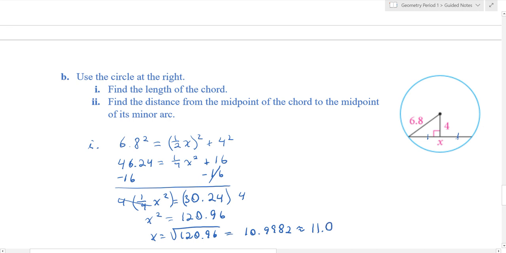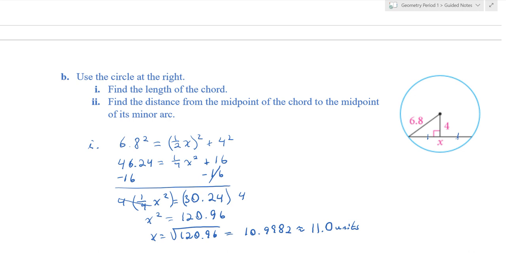And yes, we actually put the 0 because 0 is my decimal place. So 11.0, and we don't have any units. Since we're dealing with length, that will be 11.0 units, and that's how much x is.